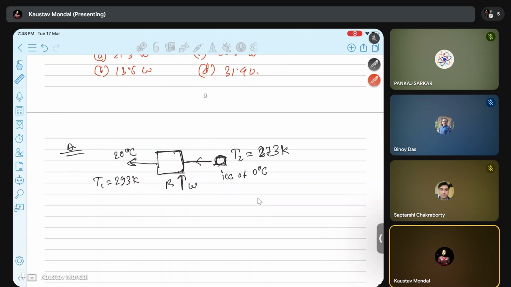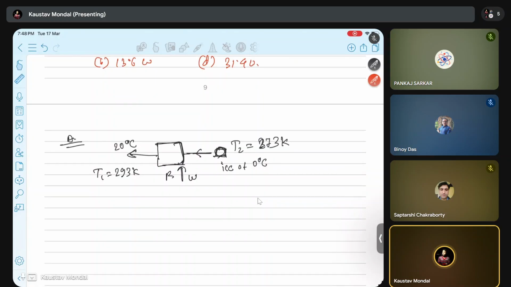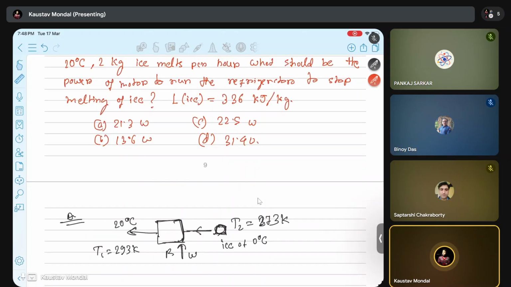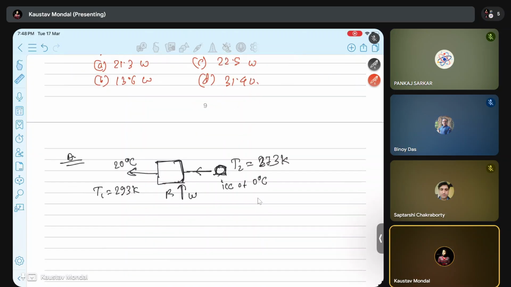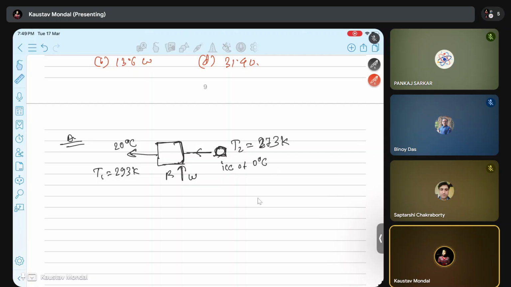So what is the work done here? We have to calculate in terms of watt, so we have to consider the units per hour or per second. We'll do that later. First, let's calculate the work done.